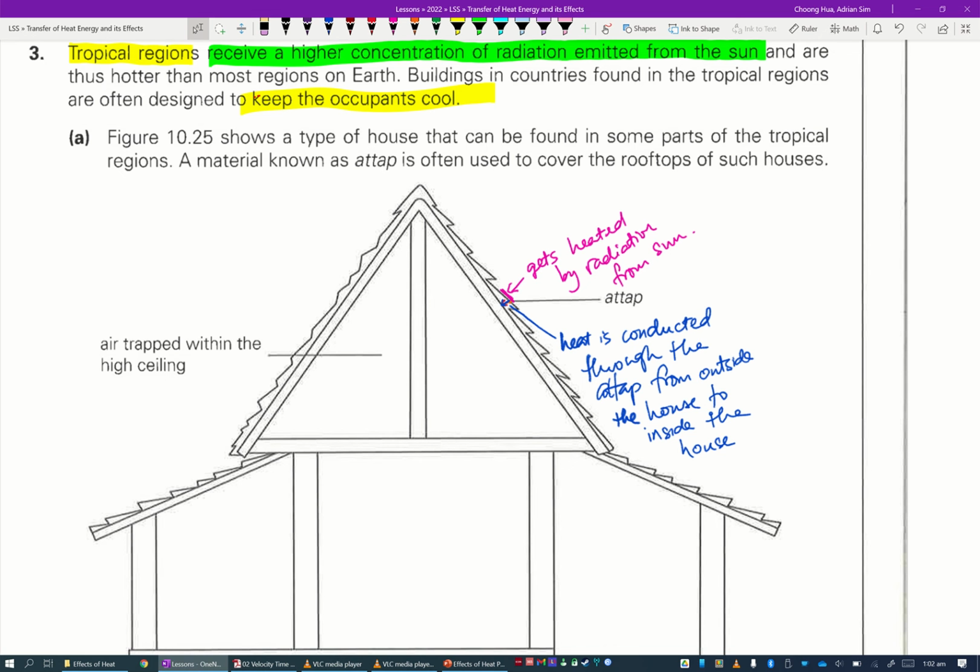So you can tell me that heat is conducted through the Attap from the outside to the inside of the house, right? And then you start talking about absorbing the heat. So these are completely two different things, and you have really gotten conduction and radiation totally confused.